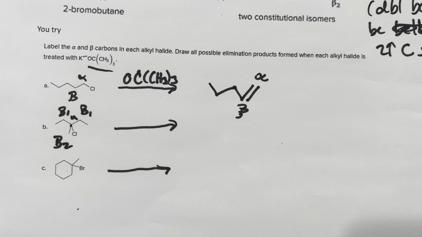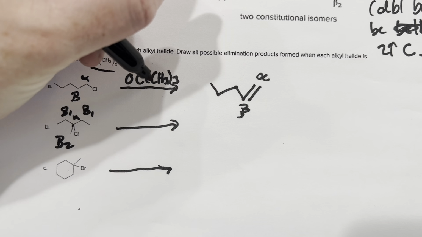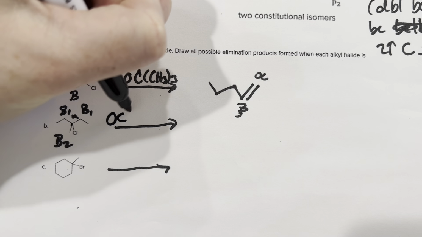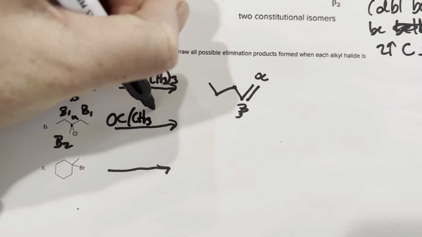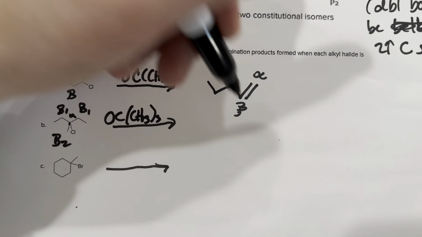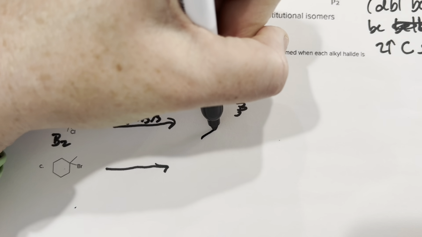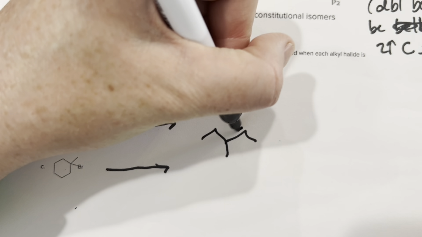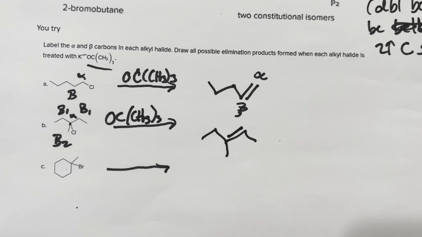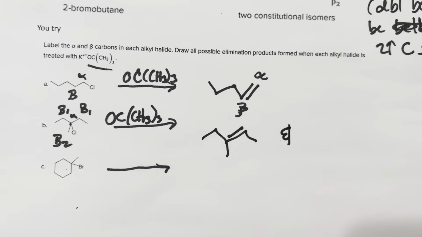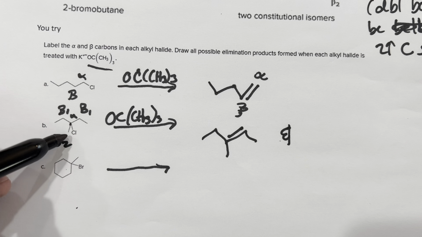Okay, when we go to draw the product of this reacting with the same base up there, again, it's going to be between the alpha and the beta that the double bond will be. So we'll draw one double bond like this. And you could get it between alpha and beta 2.